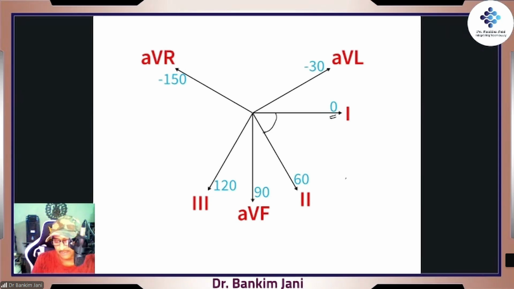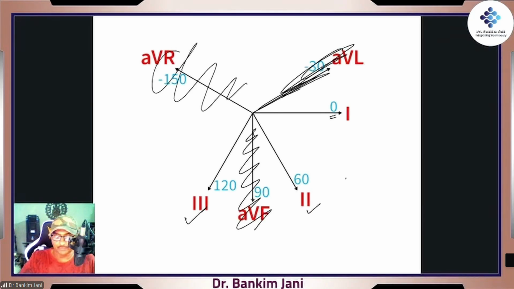This much is 60. Another 60 you travel. So if I temporarily remove all rest, right? Let's say I remove this, I remove this, and I remove this. So can we have just these three?